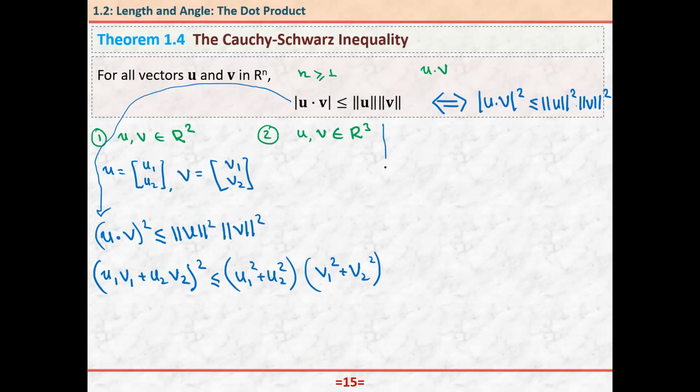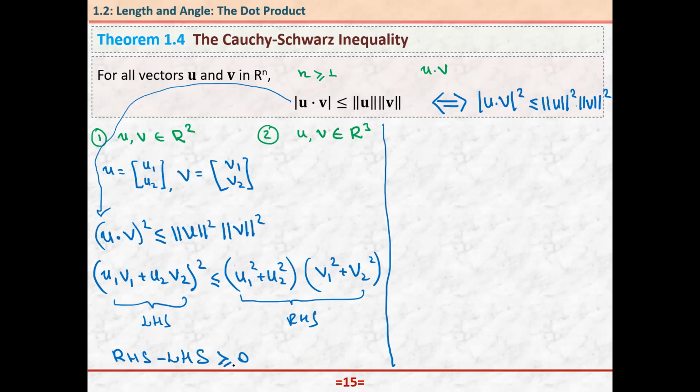So how do we prove this now? We just have an algebraic inequality here. We do not have any vectors, only real numbers. Let me denote the left-hand side and the right-hand side. I'm claiming that the right-hand side is greater than or equal to the left-hand side, which is the same as saying right-hand side minus left-hand side is greater than or equal to 0.